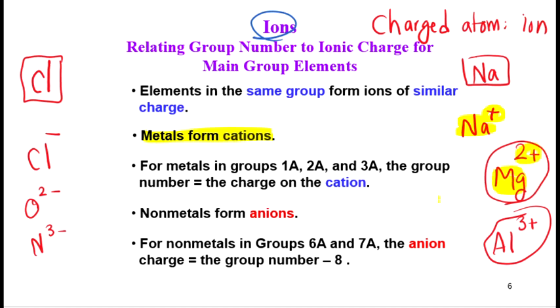Magnesium, positive charge, cation. Aluminum, metal, cation. Look here, it says nonmetals make anions. Nonmetals are placed on the right side of the periodic table. Anions: Cl-, O2-, N3-.